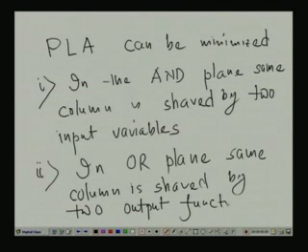In this case, actually the PLA is partitioned row wise.